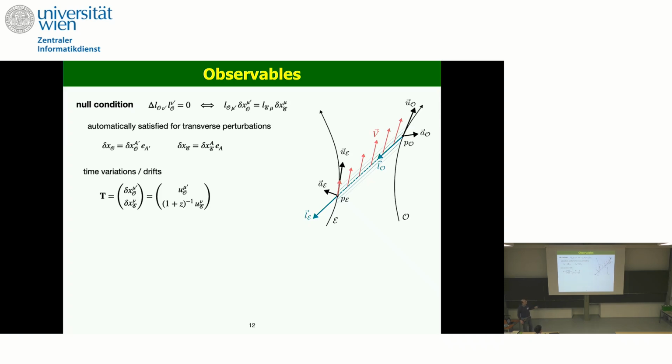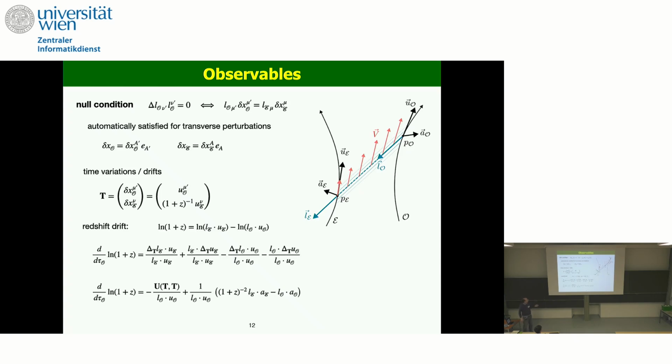It simply encodes the fact that U_O observes the flow of time in the emitter's frame slowed down by the redshift factor. So redshift, on the one hand, governs the difference of measured energy of a photon, but it's also a slowdown factor. O observes everything happening slowed down by the factor of 1 over 1 plus z, and we take this into account when we slide simultaneously the endpoints of the geodesic on both world lines.